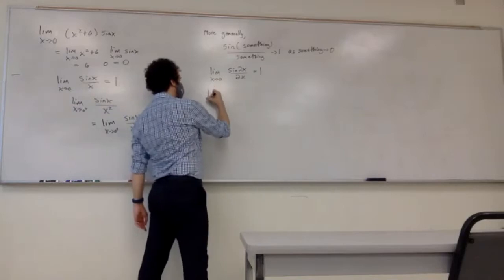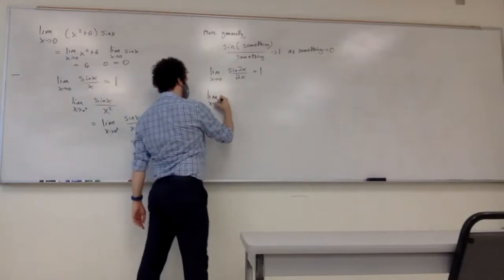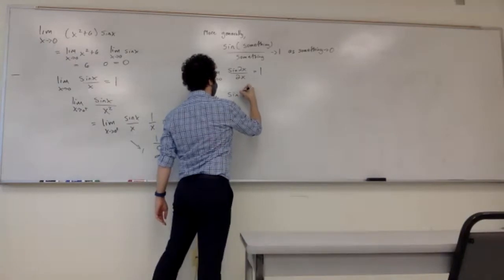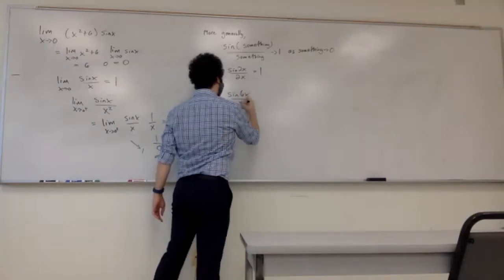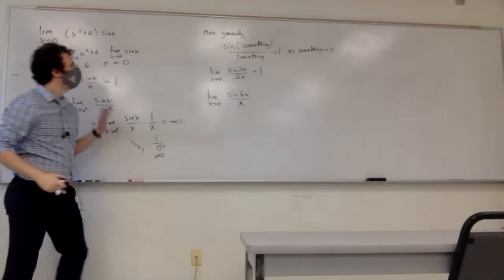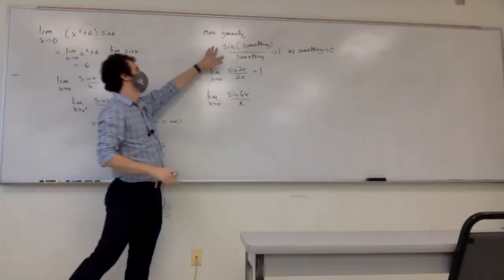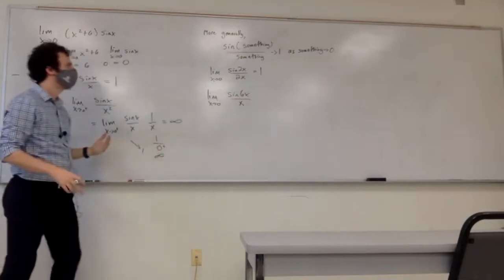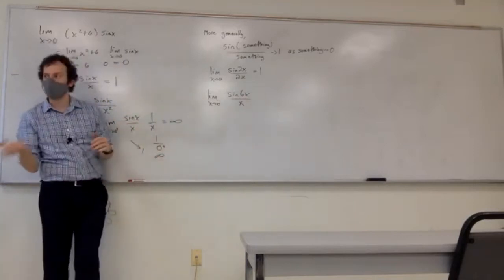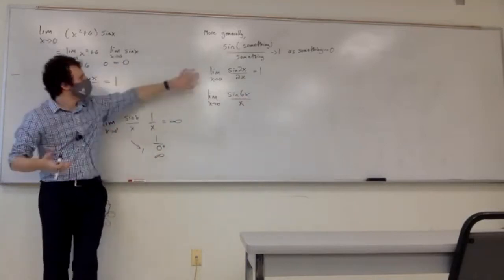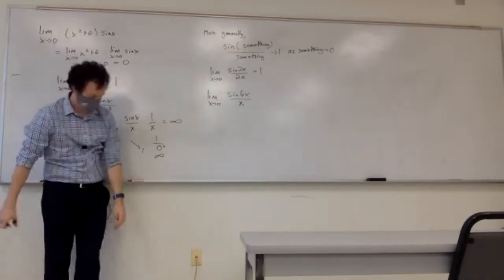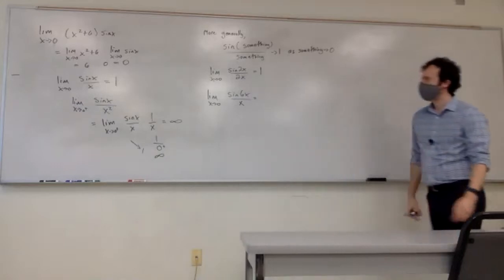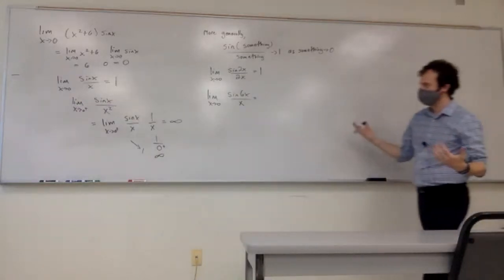If we tweak this a little bit, so the limit as x goes to 0 of, let's say, sine of 6x over x, now we're not in this position yet. We have different things inside sine and in the bottom. But if we had a 6 on the bottom, then we would be back in this kind of case. So the move that we can make is put a 6 in the bottom.